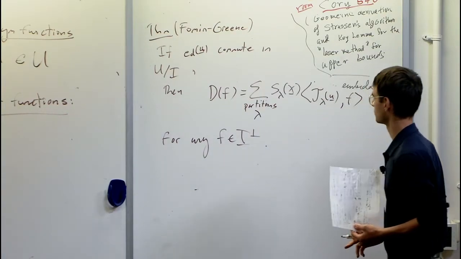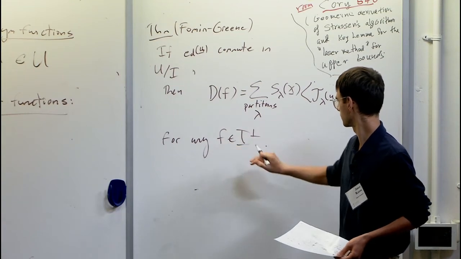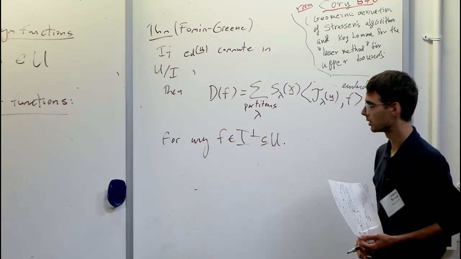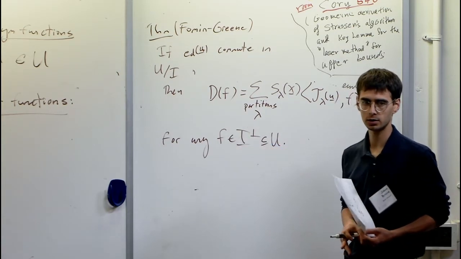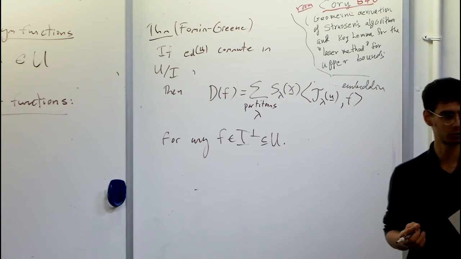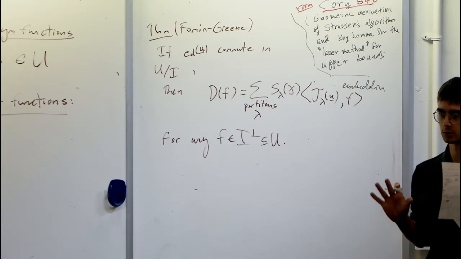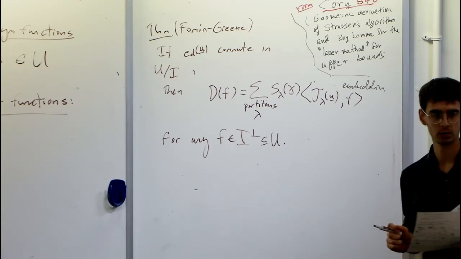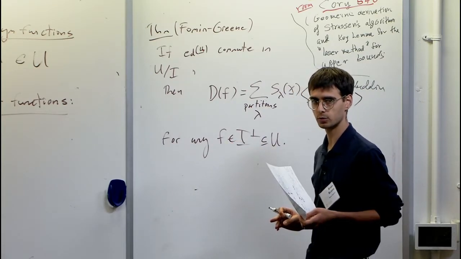So what is this saying? So I take some F. So this I perp is a subset of U. I take some F in the orthogonal complement of I under the inner product in which the words form an orthonormal basis. Okay, so I'm making some special choice of inner product here, which is actually important. All right, and I choose this F in this orthogonal complement.